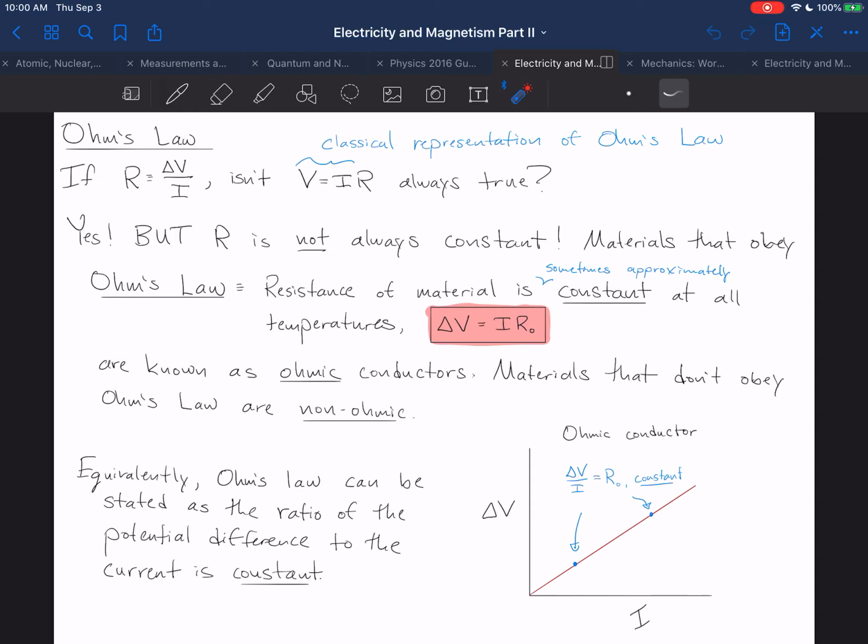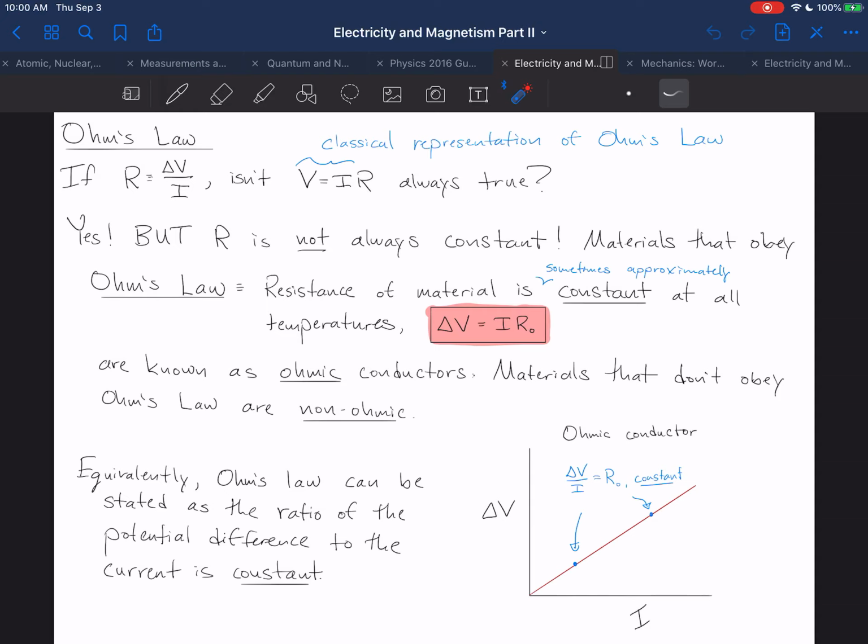An example material that is almost always ohmic is a metal wire at low, or lowish, temperature. Because it's important that it's constant at all temperatures, we're sort of talking about a range of temperatures. Obviously, if the temperature gets high enough, the metal wire melts, and in that case, it definitely doesn't obey Ohm's law.